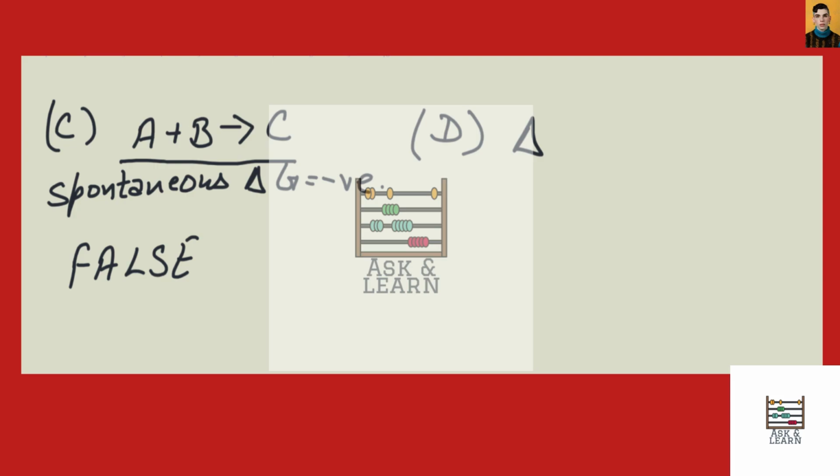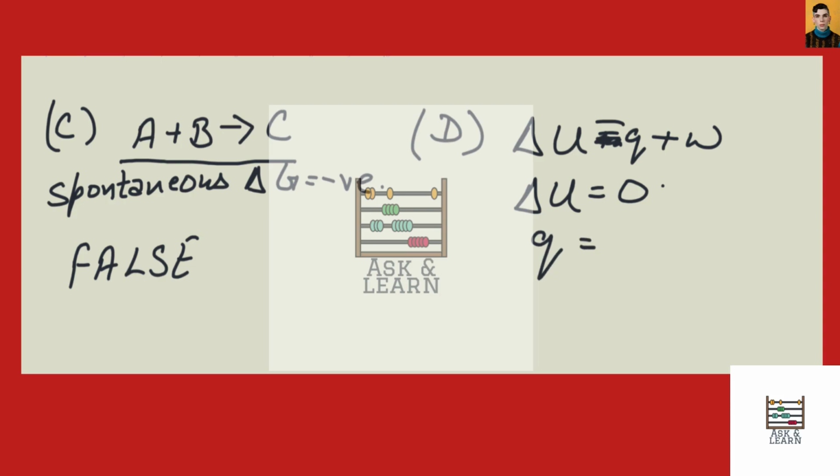Mathematically, delta U is equal to Q plus W. For an isothermal process, the value of delta U is equal to 0, which leads to the equation Q is equal to negative of W. According to the above equation, the heat stored in a system gets converted to work but is not lost. Therefore, the statement in option D is true, that isothermal processes lose no heat.